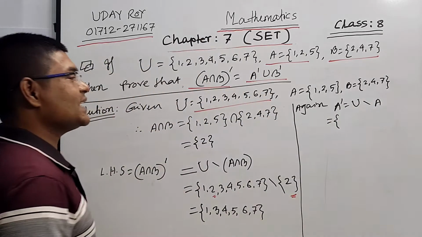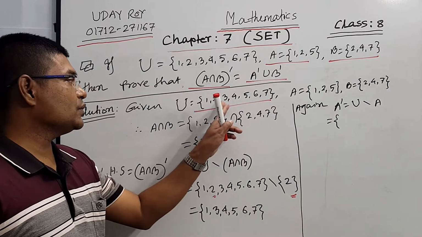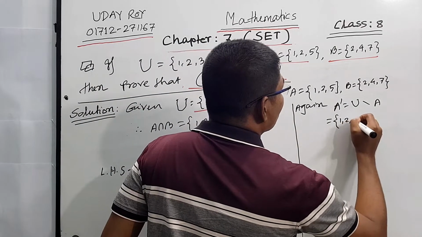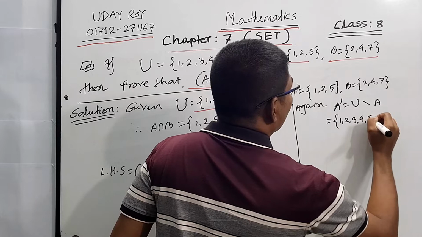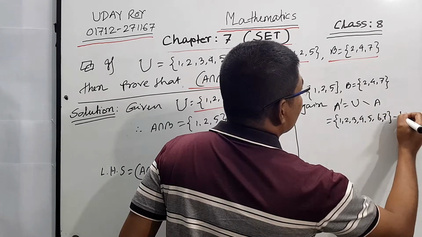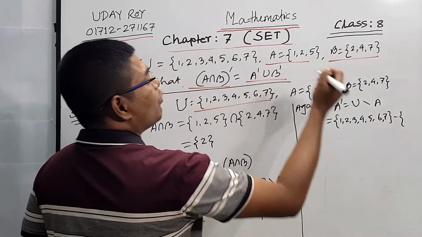So universal set equal to 1, 2, 3, 4, 5, 6, 7. Then here A equal to 1, 2, 5.